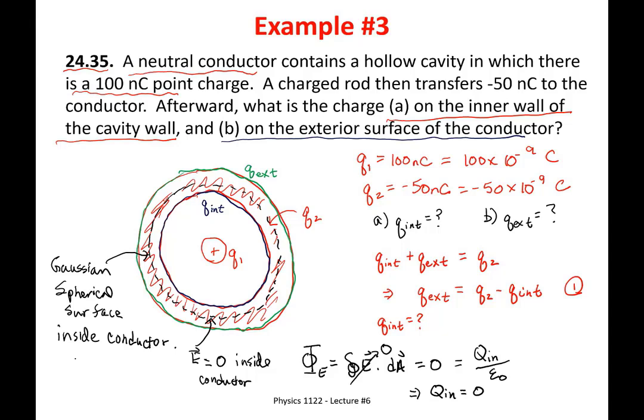I next look to see how much charge is inside my Gaussian spherical surface. The charge inside the Gaussian surface consists of the charge on the interior surface of the shell plus the charge at the center of the hollow. So Q in is equal to Q interior plus Q1.